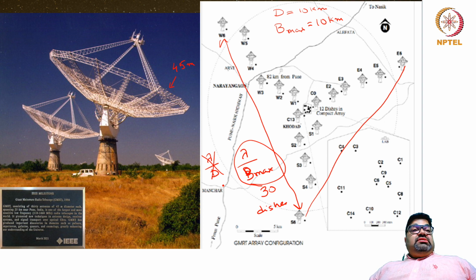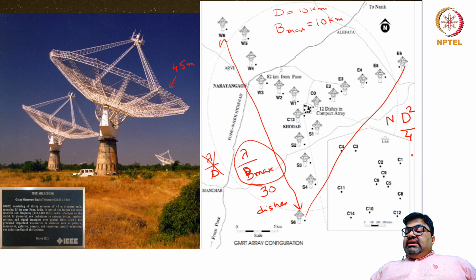What an absolute relief, because suddenly the pressure is taken off from making a single dish of very large size. Instead, we replace it with n number of small dishes of a reasonable diameter, and that's your effective area, right? So that can be easily worked out.